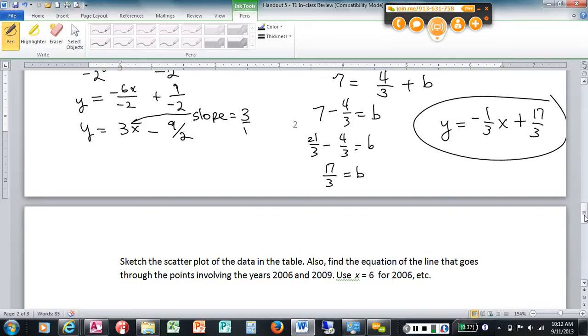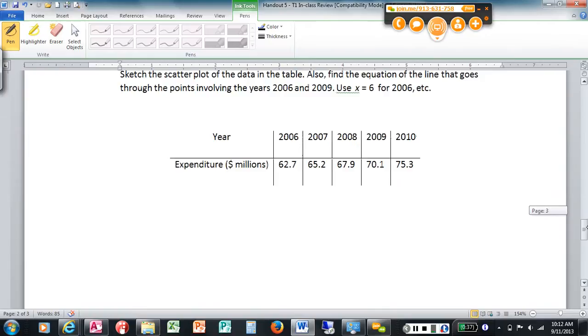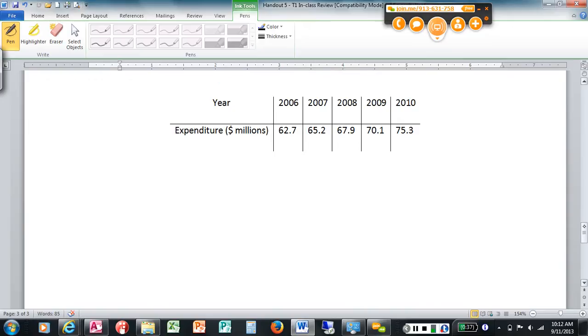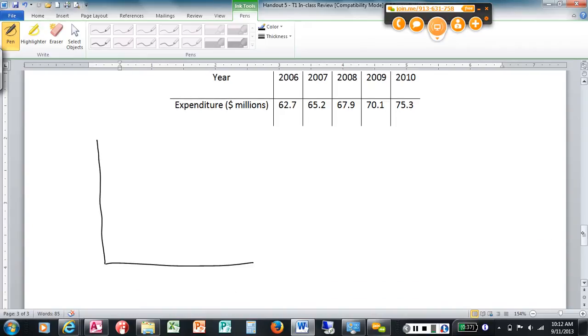All right, so yeah, we did these scatter plots. Here's our data. We've got year and expenditure in millions. So for the scatter plot, we've got 2006.